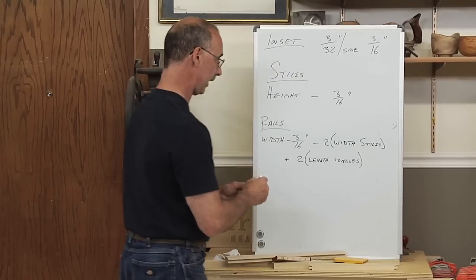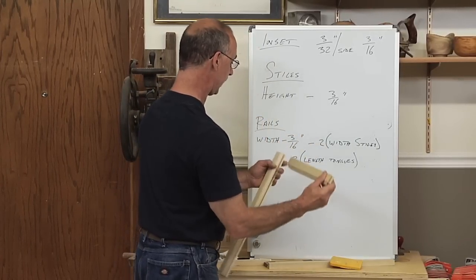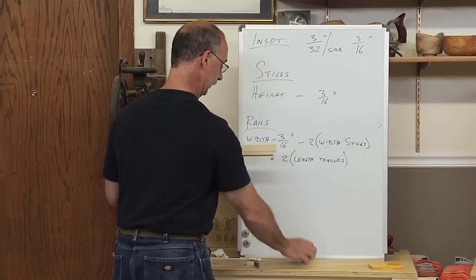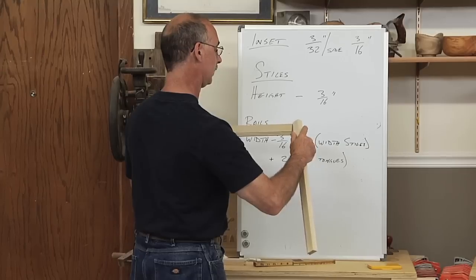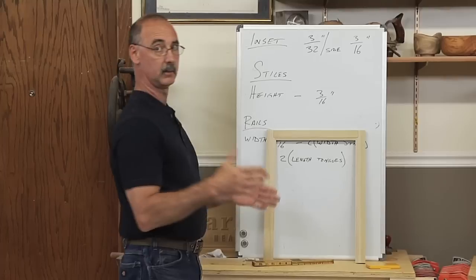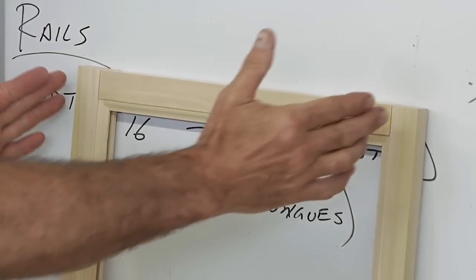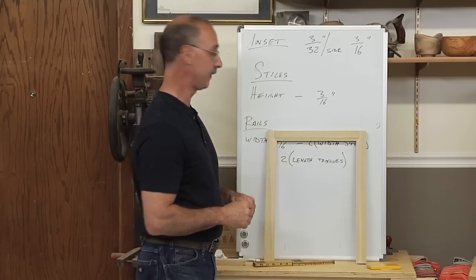Here's what this is all about. Let me put together a mock-up frame here. Width of the opening minus 3/16. Like I said, that gives us the overall width of the door. Minus 2 times the width of the stiles.